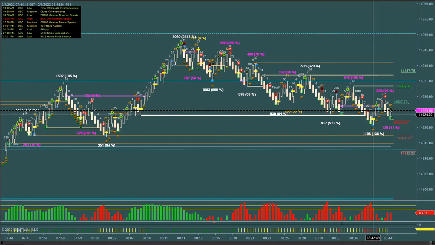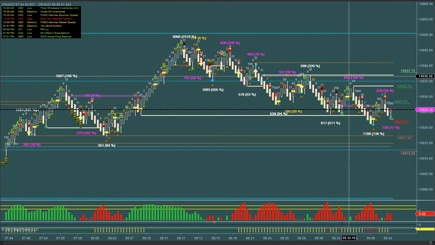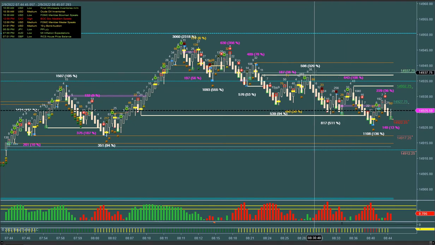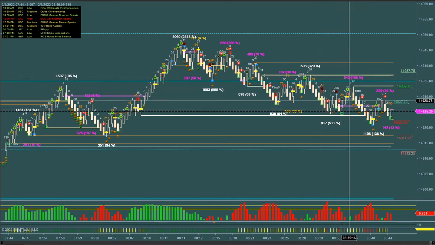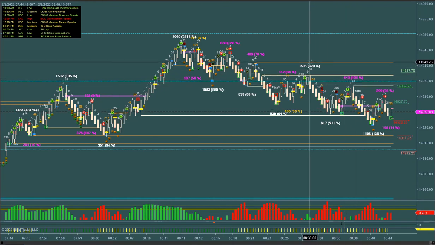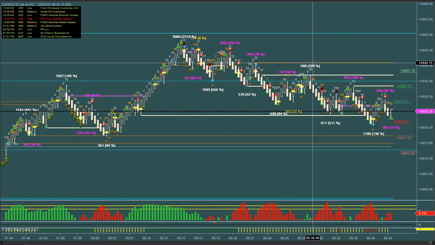But what you have here, these numbers on the top, that is the percentage of contracts compared to the last pullback. So as this came down, went up, we had 643 contracts compared to the last pullback at 598. So it's 108% of the last one.